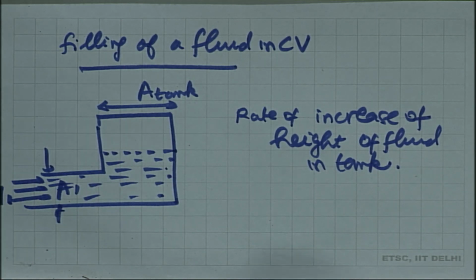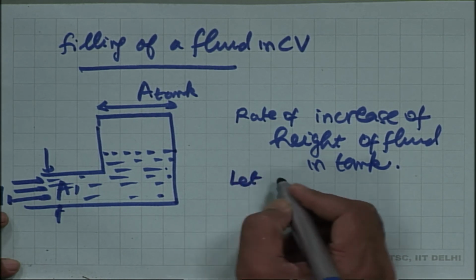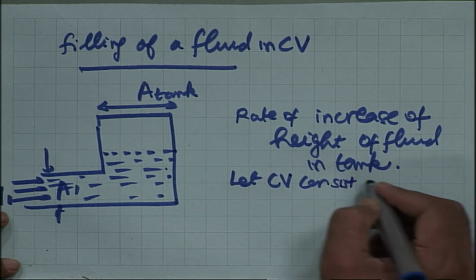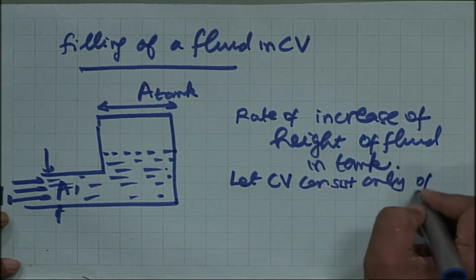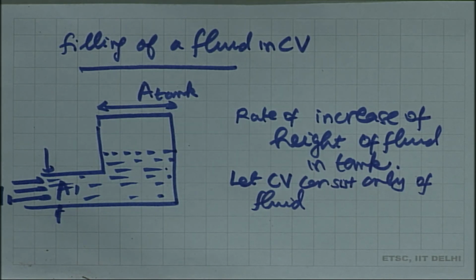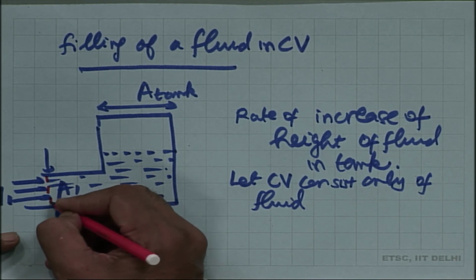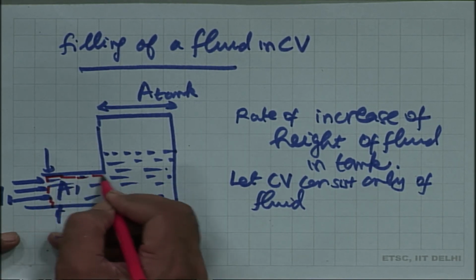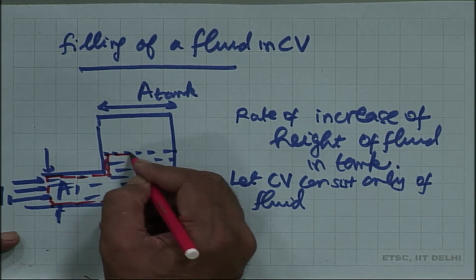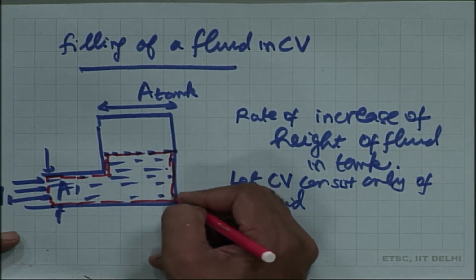Now, what we do is let the control volume consist only of the fluid. So, that means I will take a control volume which is of red color, which coincides with the fluid and always is with the fluid.